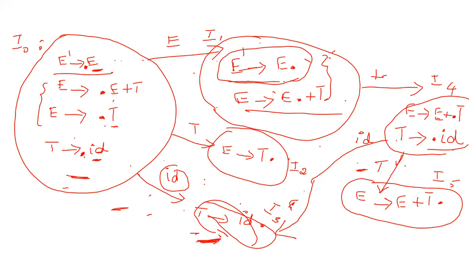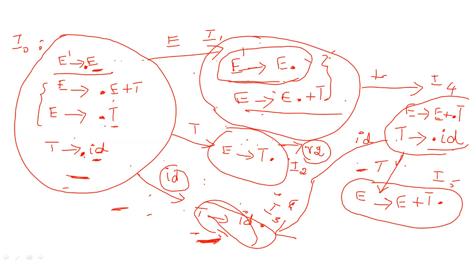So now I have to fill. In I2, the second production is reduced. R2. I'm just telling it as R2. That is the second production, E implies T dot. It's the second production. It is in a reduced form.